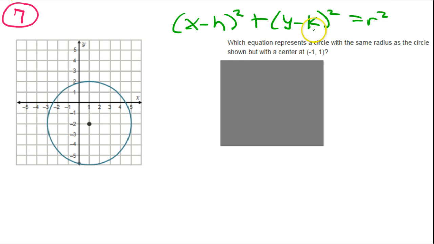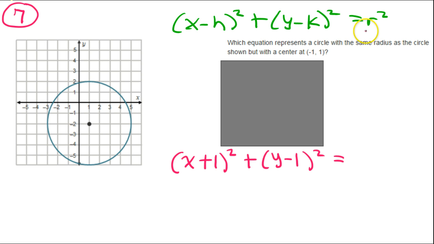And we know that the h and the k are the center, and those minuses tell us to do basically the opposite of what we see here. So far that gives us x, and that -1 is going to become +1. This +1 is going to become a -1. You just do the opposite.